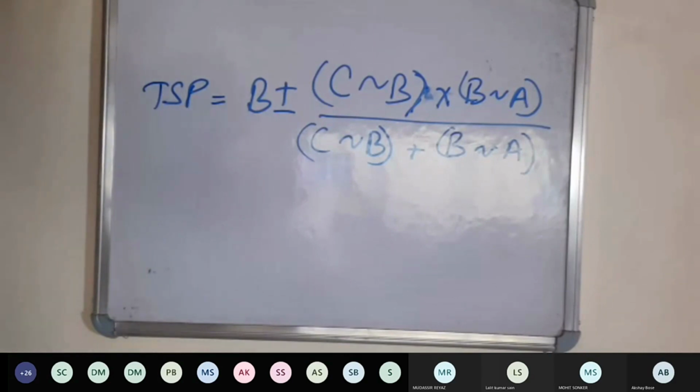TSP can be calculated mathematically as this.